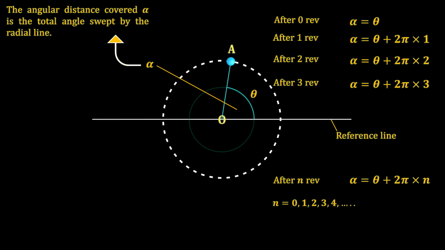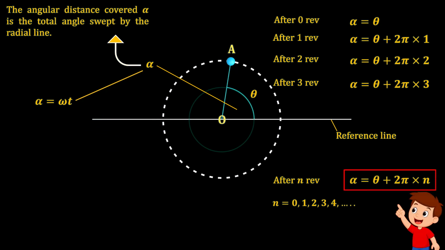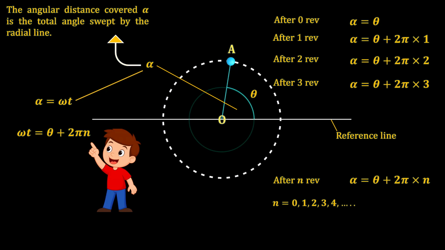The angular distance covered, alpha, is related to time t via the equation alpha equals omega t, where omega is the angular speed. This means we can rewrite the equation alpha equals theta plus 2 pi n in terms of omega as follows. Omega t equals theta plus 2 pi n.